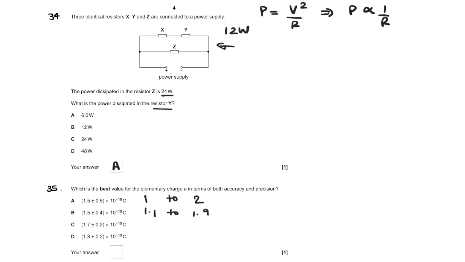For C, we get 1.5 to 1.9, and for D, we get 1.6 to 1.2. Obviously all are times 10 to the power of minus 19 coulombs. The value of the charge to 1 decimal place is 1.6 times 10 to the power of minus 19.